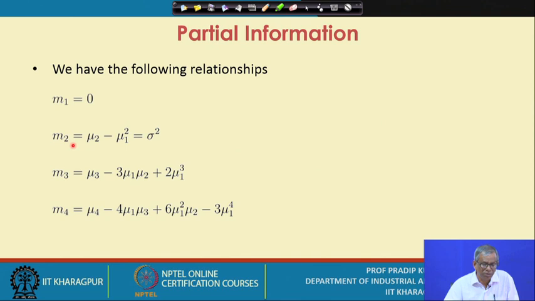So we might say that the information is available up to the second moment, and as time passes and the system becomes more stable, it is natural that you will get more data about the demand patterns and demand distribution, and ultimately you may compute the third moment with the given data set, and in certain cases you may also be able to calculate M4, that means the fourth moment.